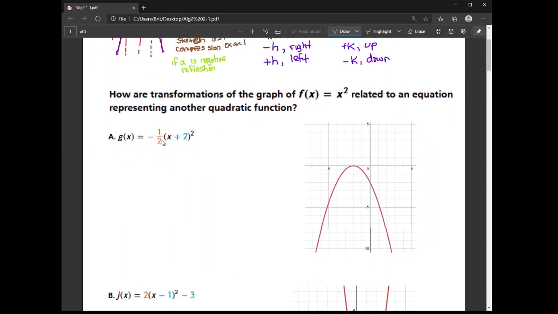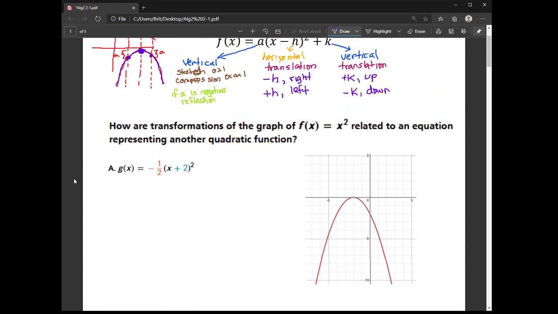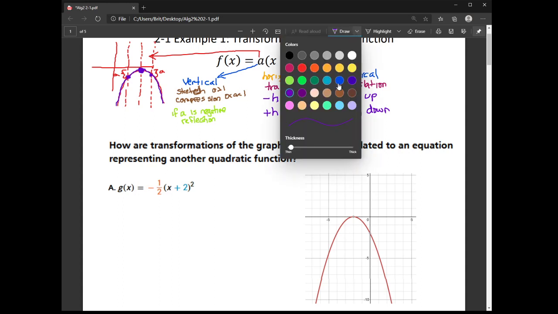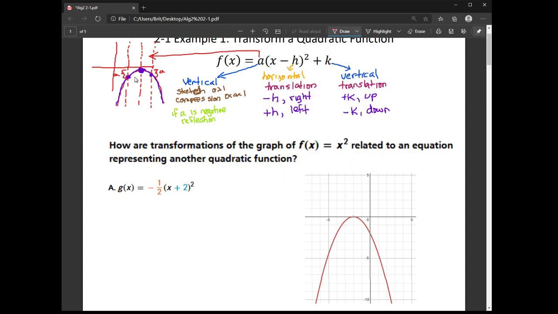So I'm starting here with question A, and it has a -1/2 and a +2 inside there. If I check out my little formula bar, I have an a. Now that a is negative, so that negative there is a vertical reflection.